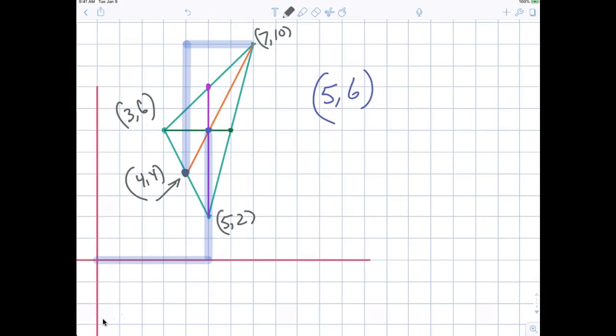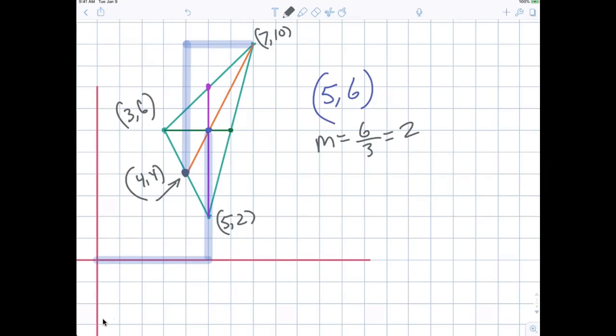How many did I go up? 6. We don't need the formula, although we could do it. I'm going from one point to the other point, so that slope is 6 over. How many did I go over? 3. So that slope is what? 2. Does everybody agree? The slope is 2.